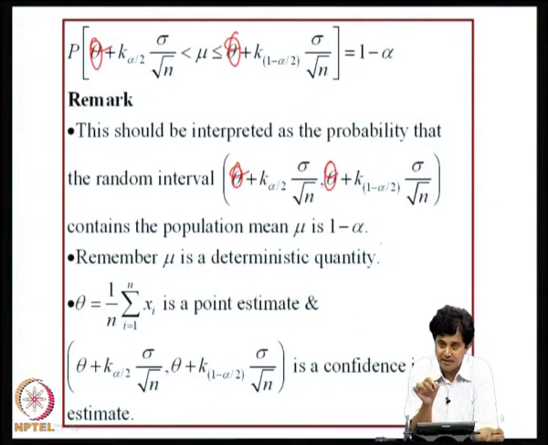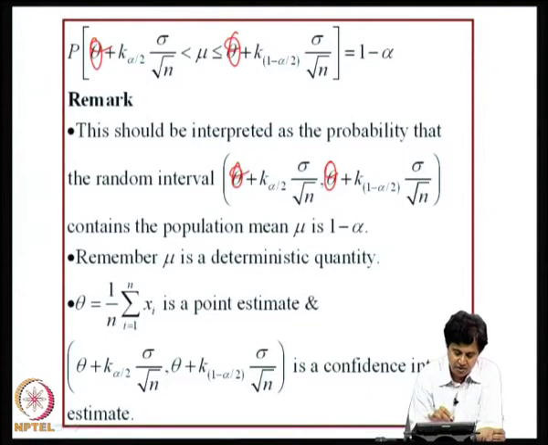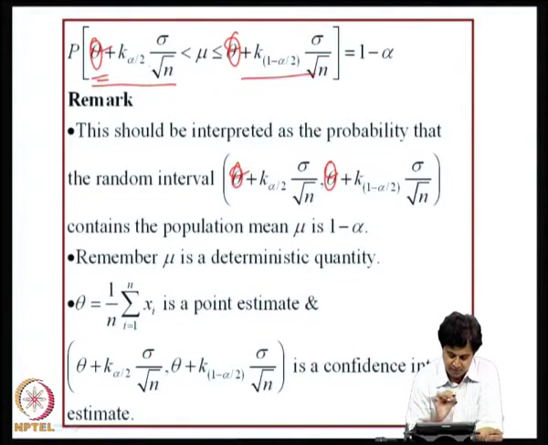Mu is not a random variable, mu is a deterministic constant. So, this should not be construed as a probability statement made on mu. Mu is not at all a random variable, the random variables are here. This is one random variable, this is another random variable. So, this is a random interval, and the probability that this random interval encloses the population mean is 1 minus alpha.